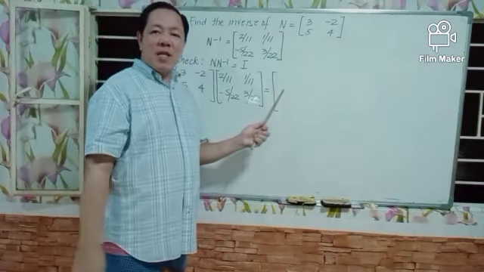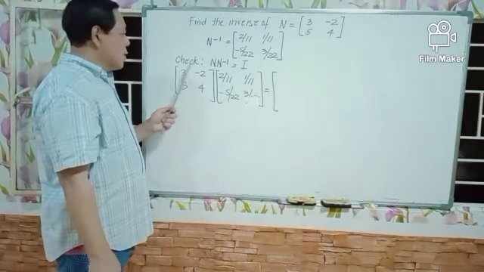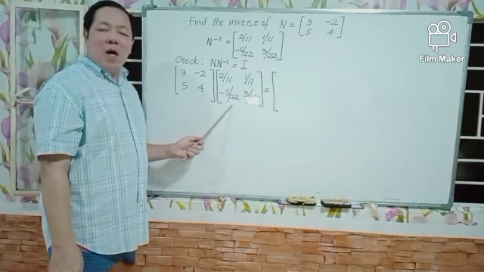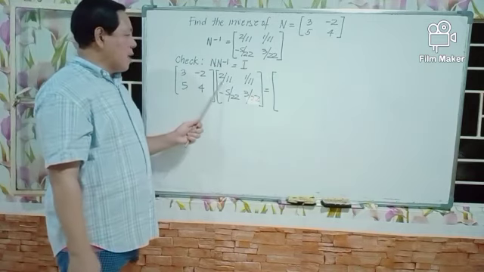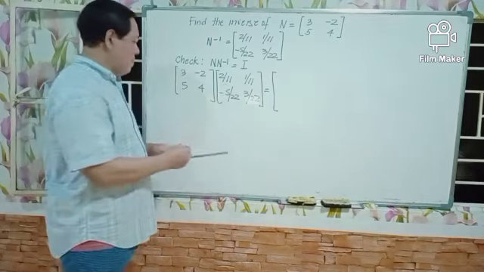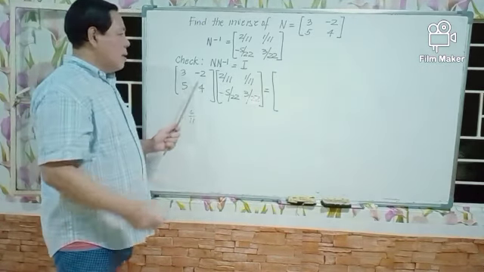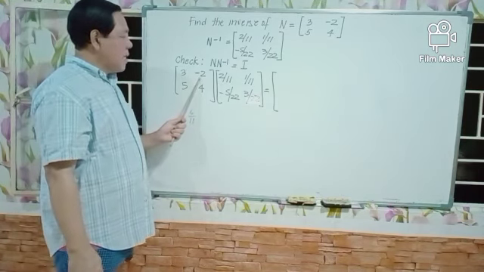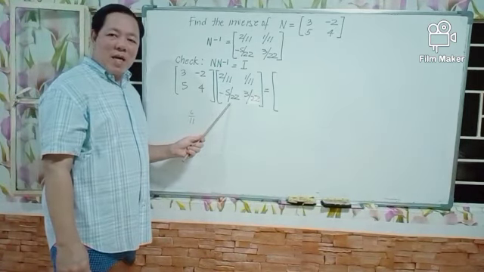To get the entry in the first row and first column of this matrix, you multiply the first row of matrix N by the entries in the first column of matrix N to the minus 1. 3 multiplied by 2 over 11, that's 6 over 11. Plus negative 2 multiplied by negative 5 over 22 is positive 10 over 22.